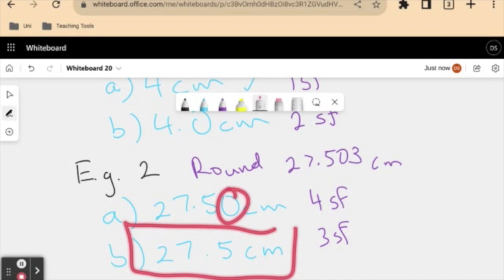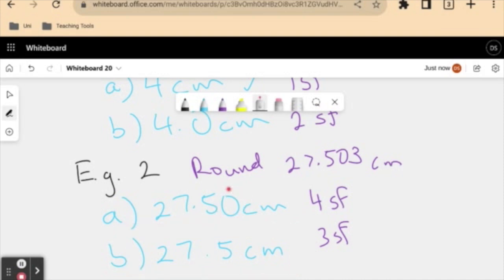Some of you may go, well, these two numbers are exactly the same. This 0 isn't contributing anything extra to our measurement of 27.5, and you would be correct in saying that. But all our significant figures are doing is defining the level of approximation, the level of accuracy we have chosen. So it's all to do with the measurement that we state.